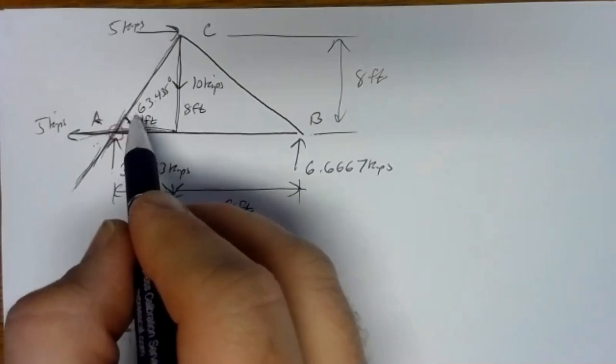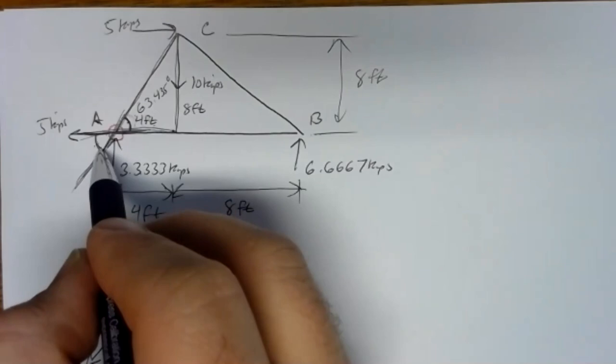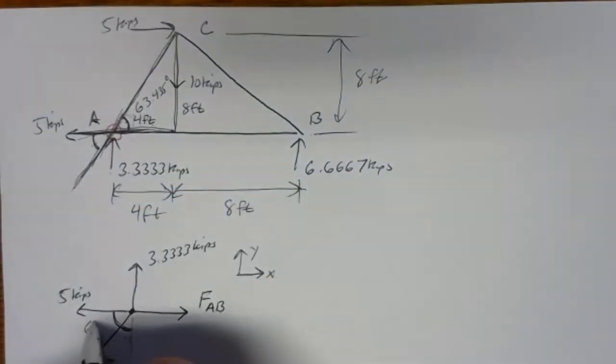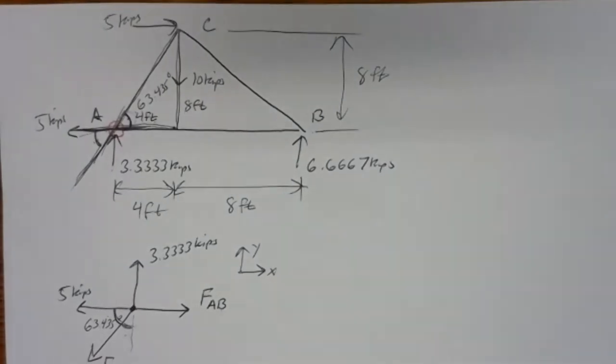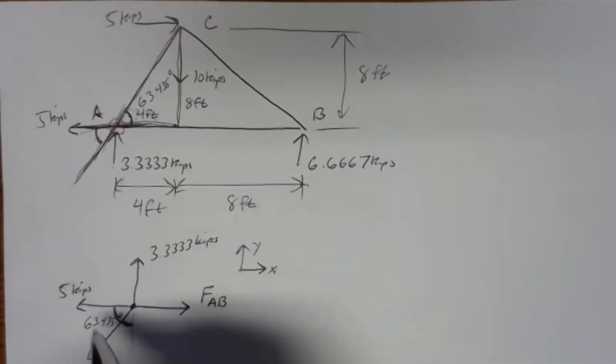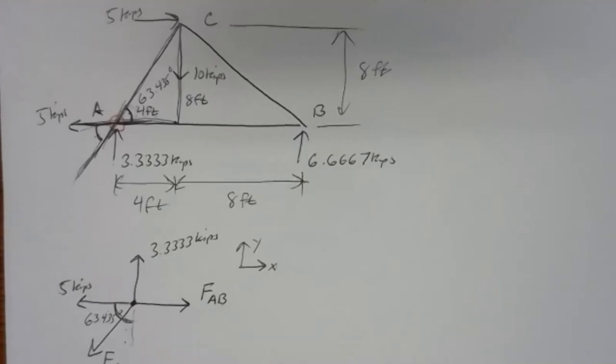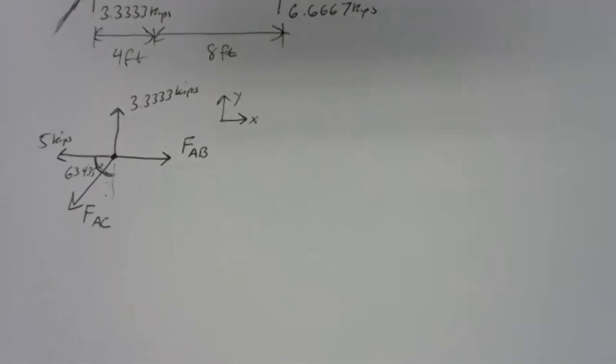So the angle I've got here is the same as this angle down here. So it's this one that's 63.435 degrees. So be careful with that. It can get problematic if you put the angle in the wrong place. Your sines are going to be cosines and vice versa, and you won't get anything right. So there we've got our free body diagram for joint A.